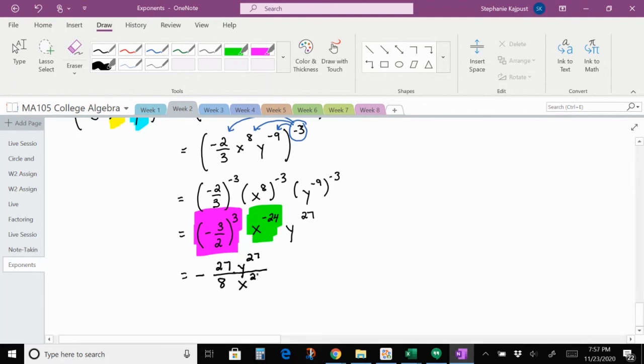And now it's going to be in the denominator along with the 8, so that's going to be x to the 24. And so we get -27y to the 27 over 8x to the 24. And we can't reduce anything with the numbers. We have different variables. We don't have any repeated variables or anything there, so that's as far as you can go.